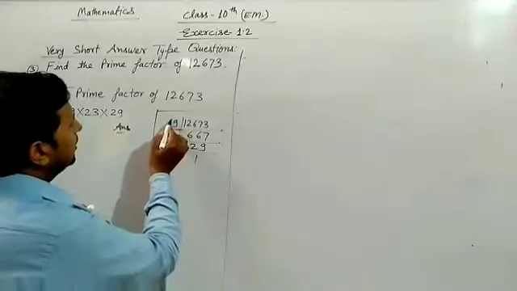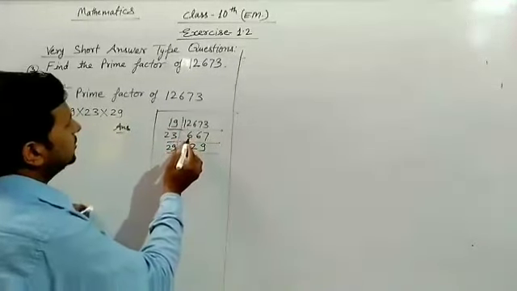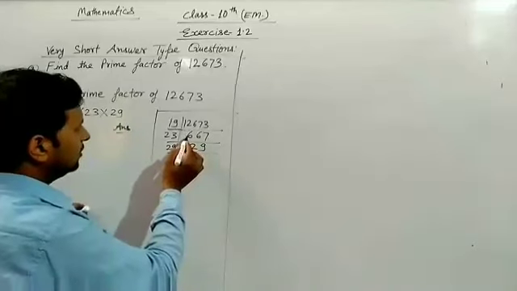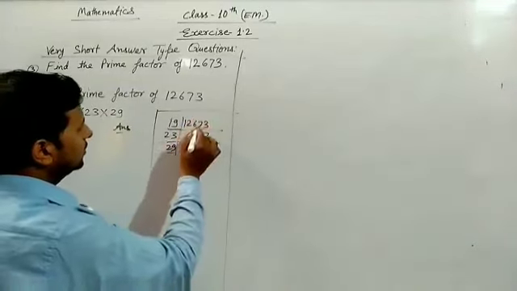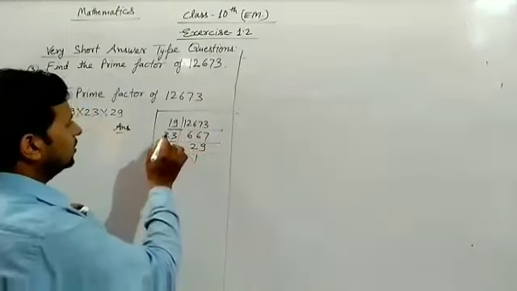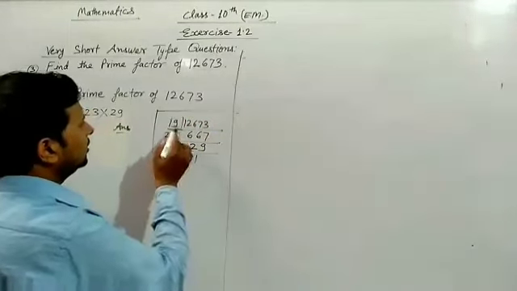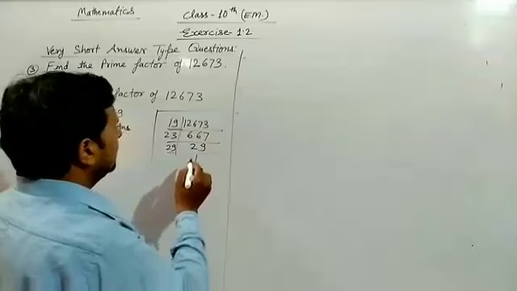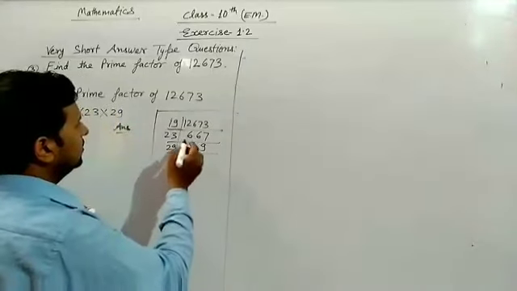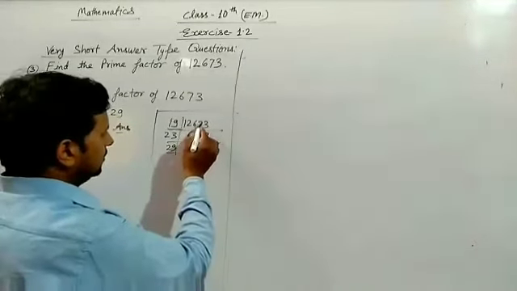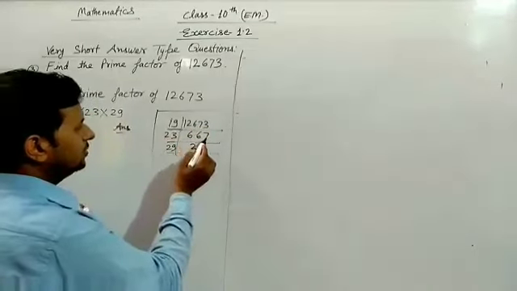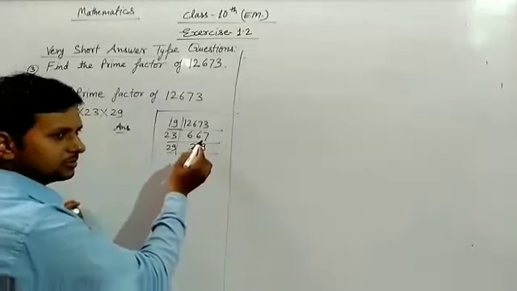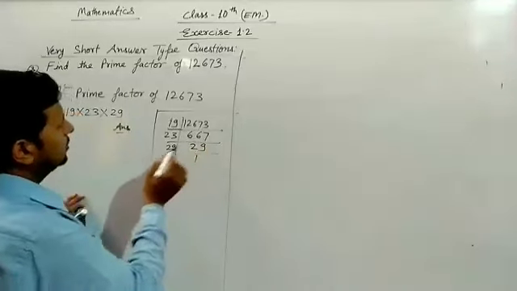We get 19 sixes are 114, then the remainder 12, then 127. Again 19 sixes are 114, and 13 is the remainder, then 133. 19 sevens are 133. So it is cancelled out here.